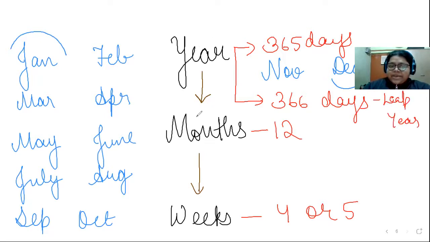So in a year, there can be 365 or 366 days. There are 12 months, and every month can have 4 or 5 weeks. Now we had stopped at weeks.